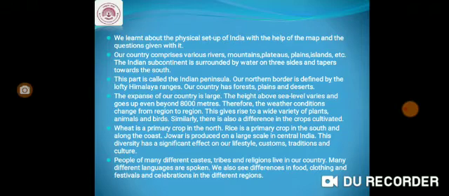Wheat is a primary crop in the north, rice is a primary crop in the south and along the coast. Jowar is produced on a large scale in central India, like Madhya Pradesh. This diversity has a significant effect on our lifestyle, customs, traditions, and culture. What does this mean?